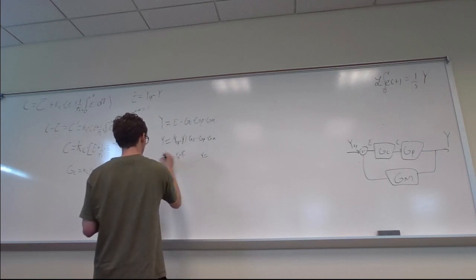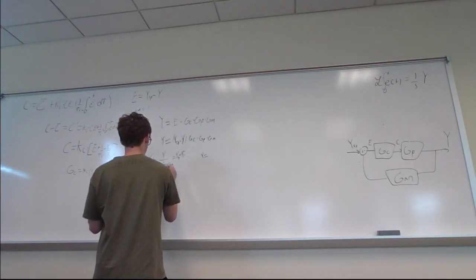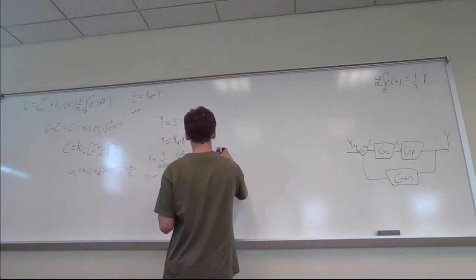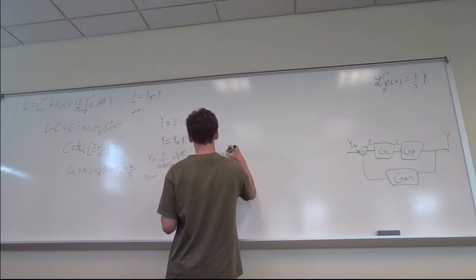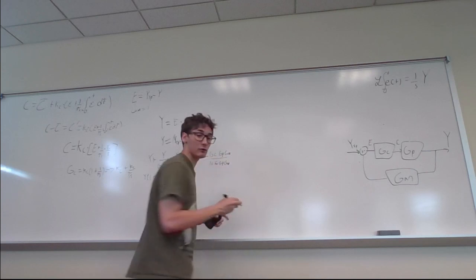So we go plus Y, factor that out, so you have Y times 1 plus GC, GP, GM. But I don't think this is right.